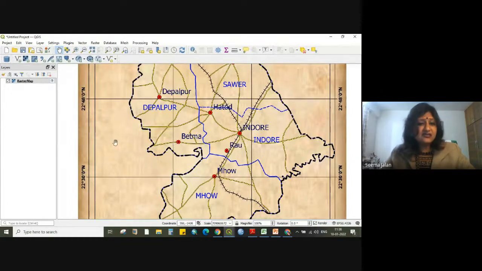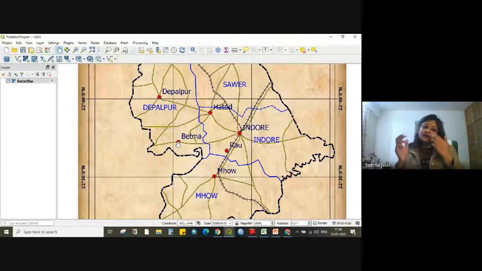I may put my scale and try to measure what latitude and longitude it is, but my software does not have this information. If you overlay some other layer in which Betma is there, that layer will not map on this map by itself because the location information is missing.